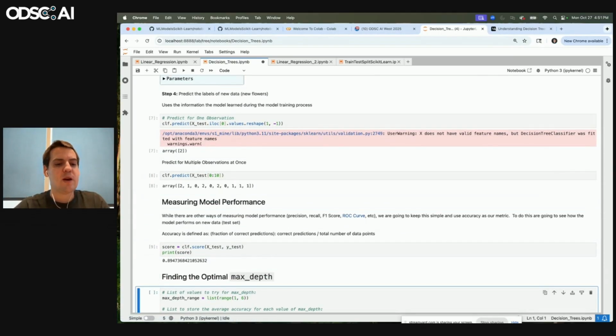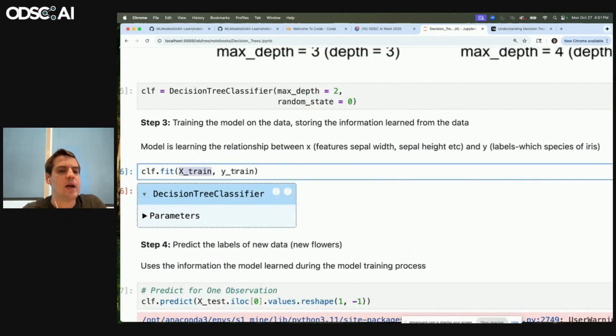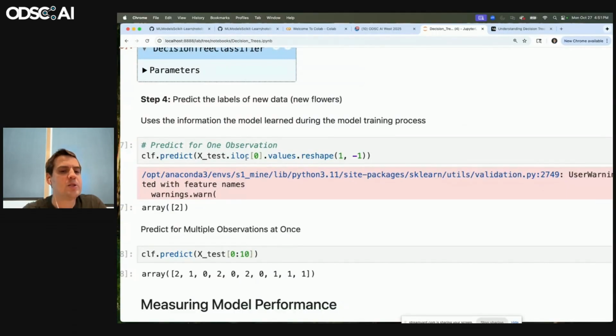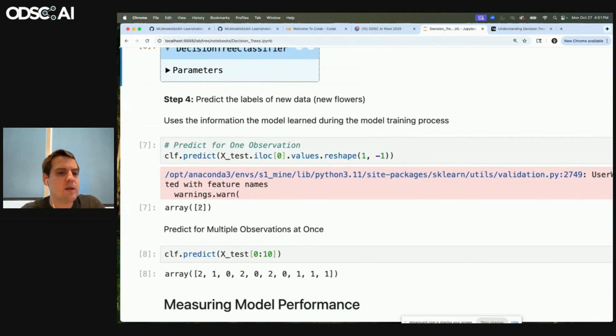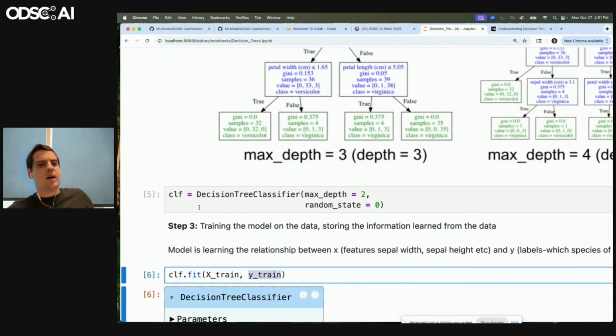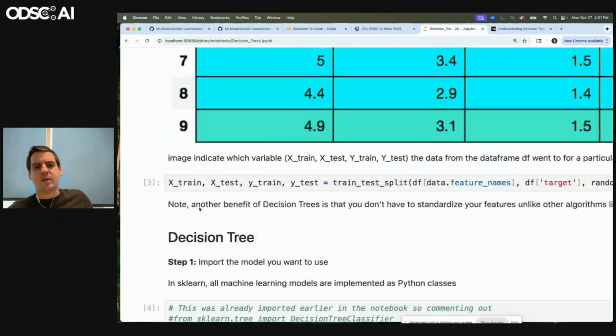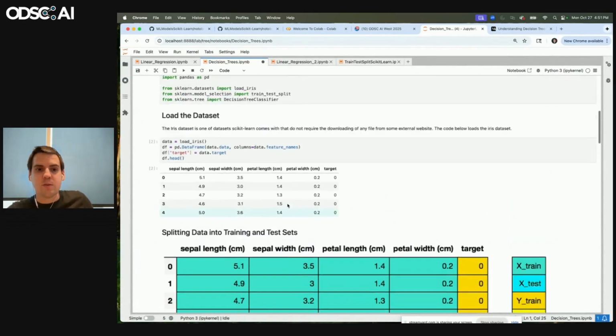Then I can go through the same process of having the model learn the relationship between our features and our target, and then make predictions on data it hasn't seen before, where the prediction of a 2 here, I believe in this data set, a 0 is, let me see what the classes are. I have to actually look at the documentation. It'd be terrible.